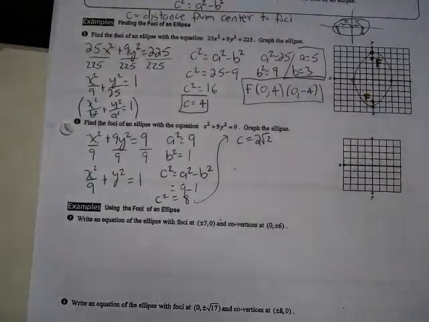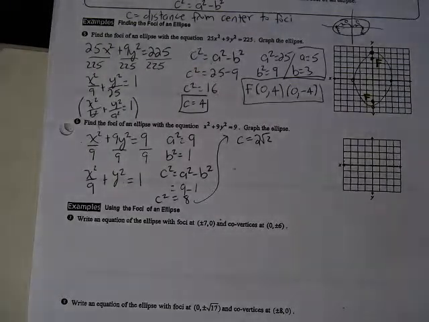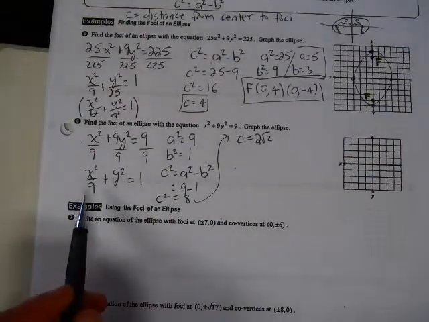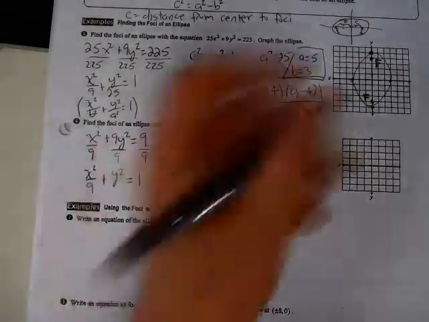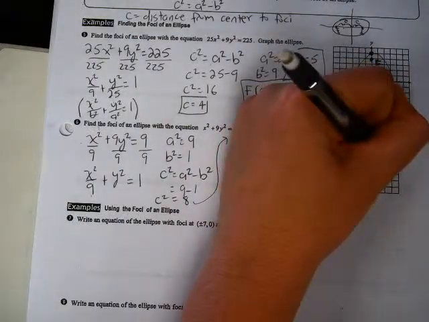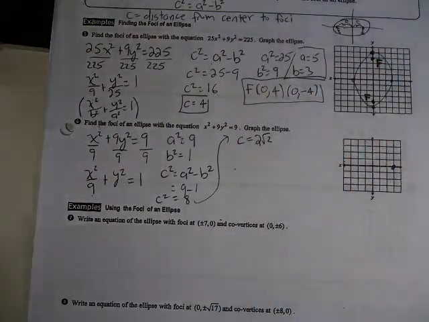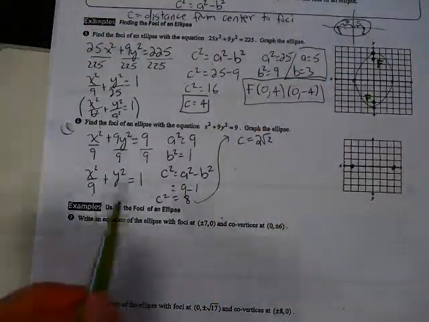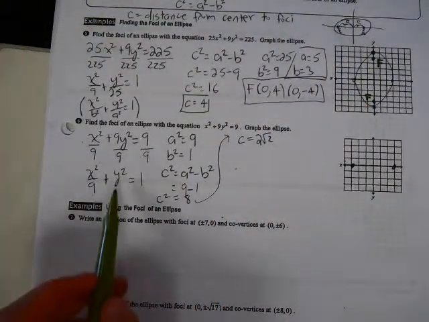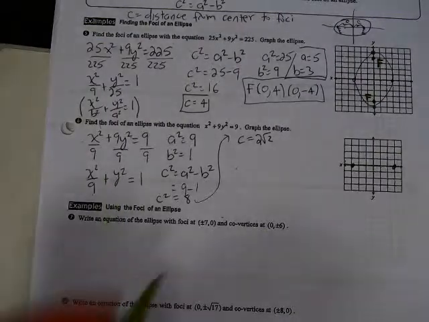So I'll graph, then find the focus. I'm going to go from the center out 3 in either direction, the square root of 9: 1, 2, 3. And in the y direction, I'm going to go out 1. That's y squared over 1.